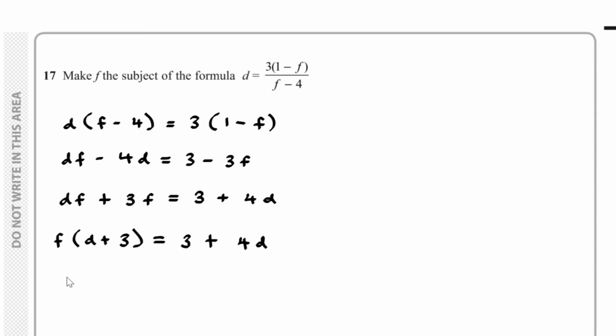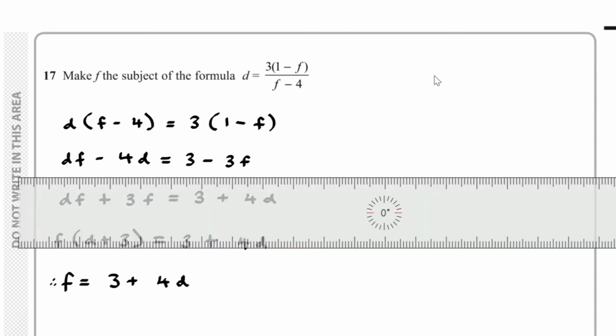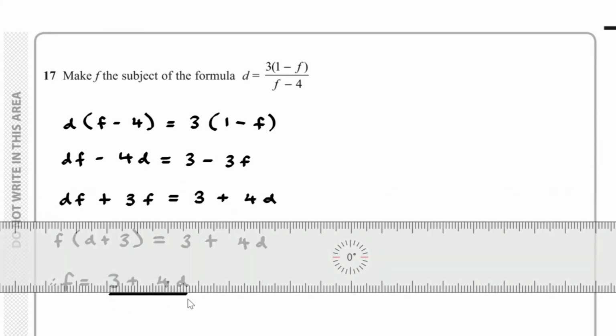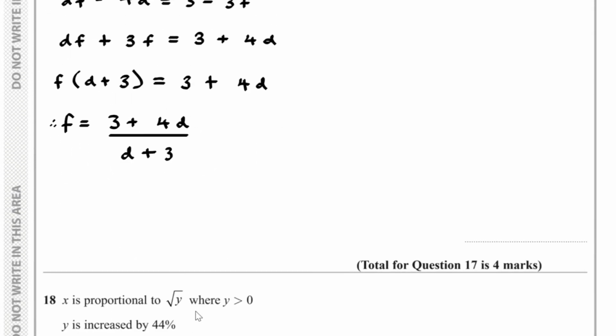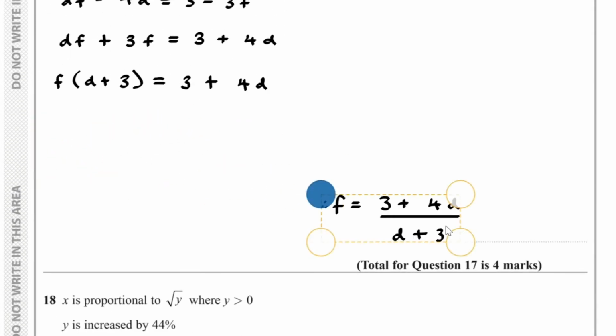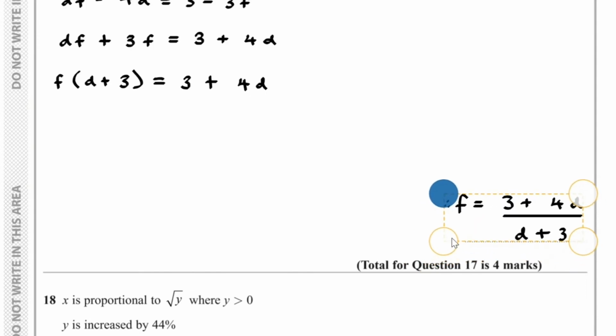And if I divide through by d plus 3, then f is equal to 3 plus 4d divided by d plus 3. So our formula for f is 3 plus 4d divided by d plus 3.